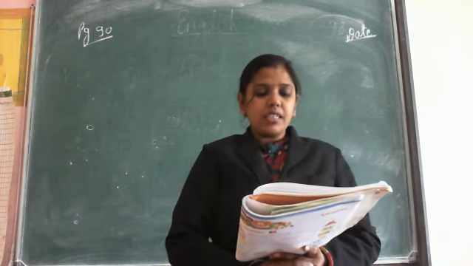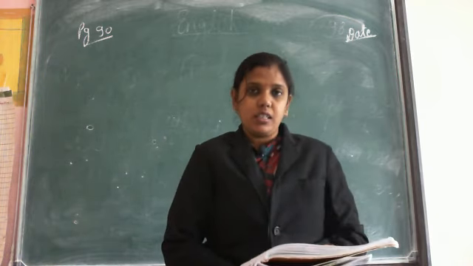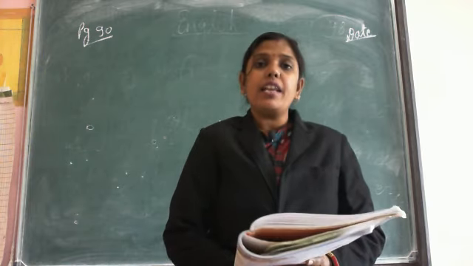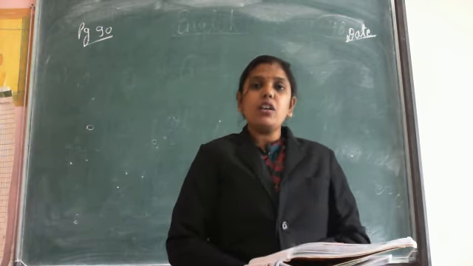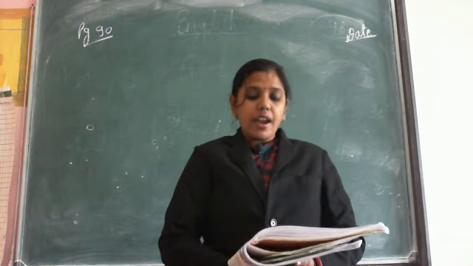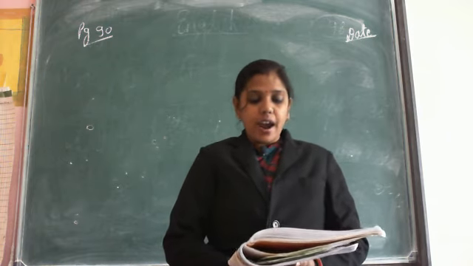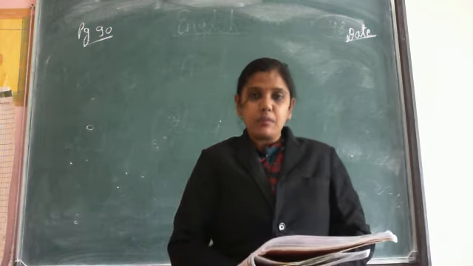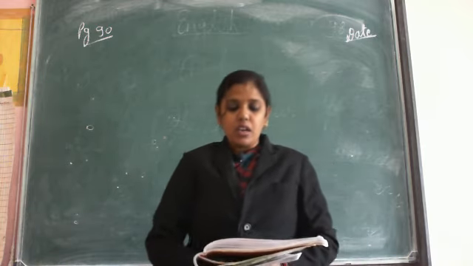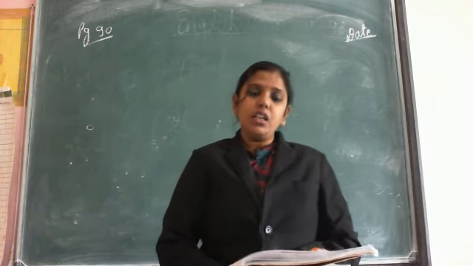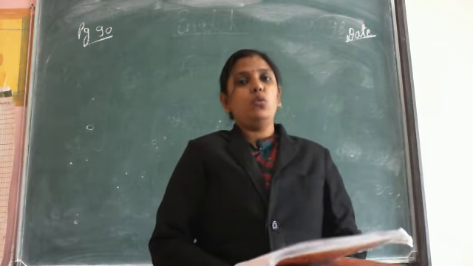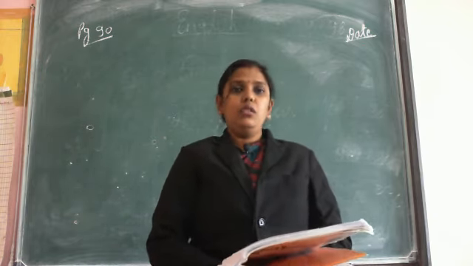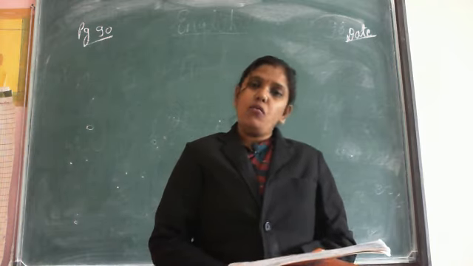Tanya had 67 comic books. Tanya had 67 comic books, and her friend Humaira had 32. Tanya has 67 comic books and Humaira has 32. How many books did they have all together? We have to find how many books both have together.